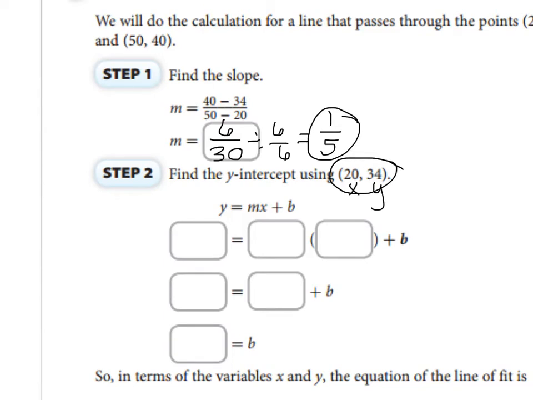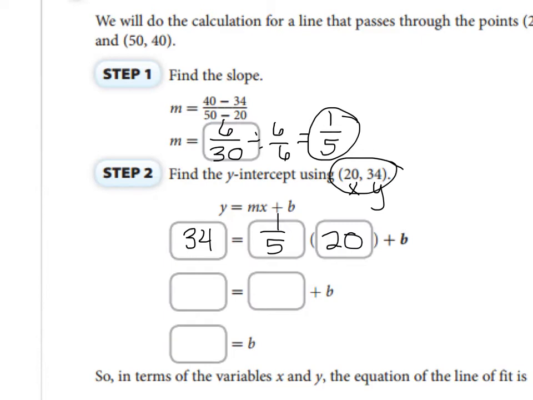And again, m we already said was 1/5. So we now have 34 equals 1/5 times 20 plus b. If you don't like the boxes, you don't have to write in them. There is some space on the sides if you want to just get rid of the boxes.